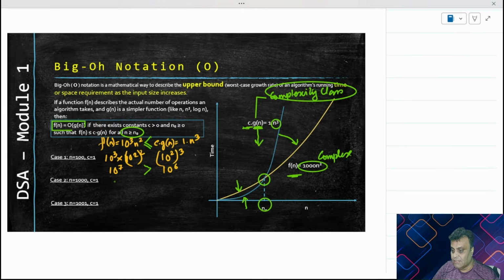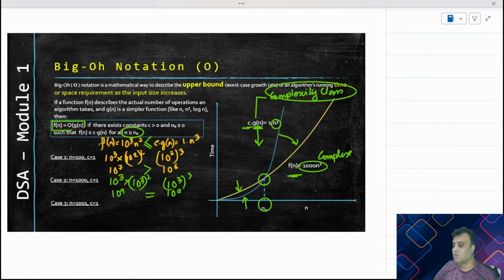Now if I take that n as 10 to the power 3, then I have 10 to the power 3 multiplied by 10 to the power 3 whole square. Right? So I have 10 to the power 3 already there, and then I'll multiply 10 to the power 3 whole square. So what I get is 10 to the power 9. If I am here, then I will get 10 to the power 3 whole cube, which also is incidentally 10 to the power 9.